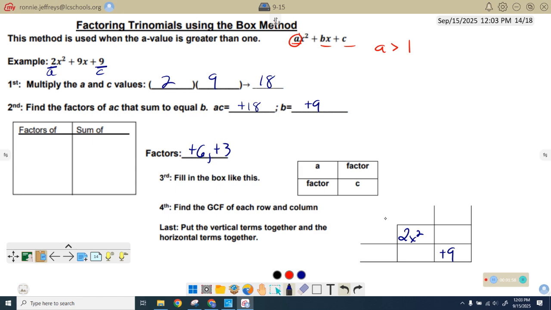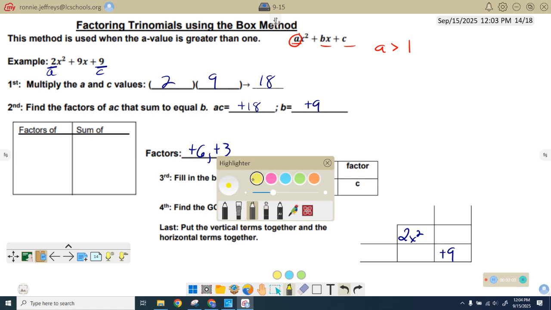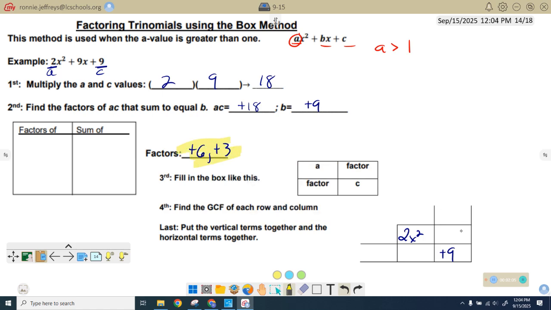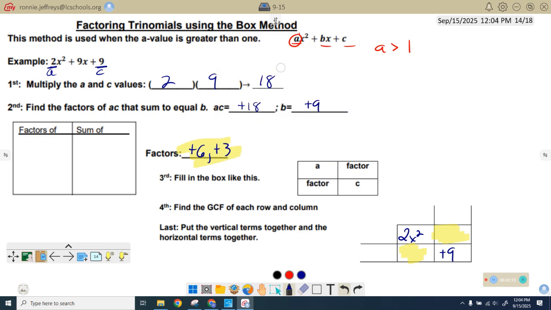Now, these factors that we just found are going to go here and here. And it really doesn't matter which number we put where. So we're going to put plus 6x here, sorry, we got to put an x with it. And then we got to put plus 3x here.